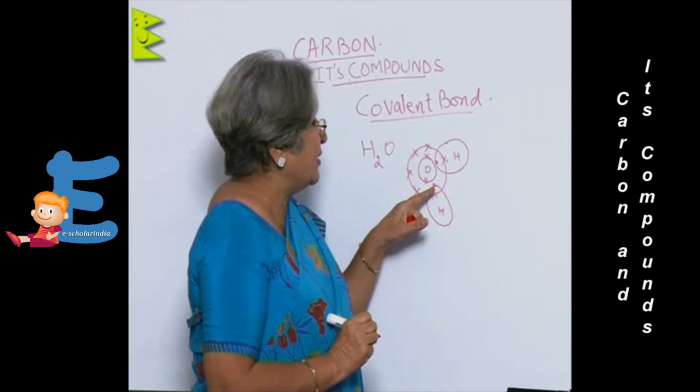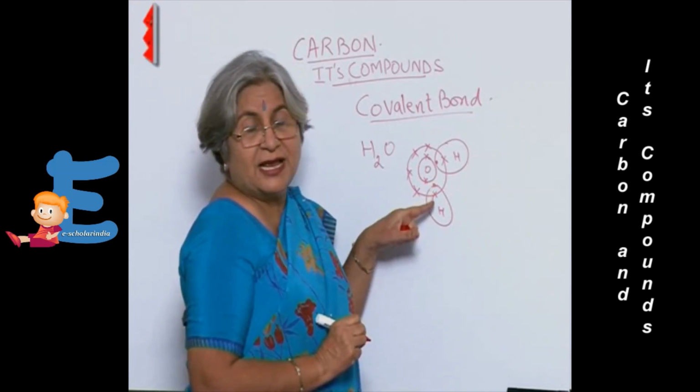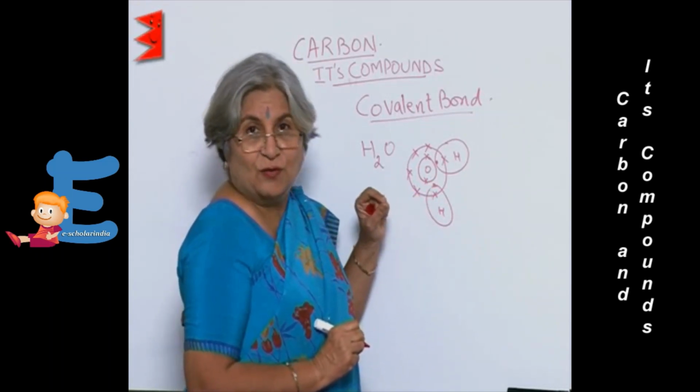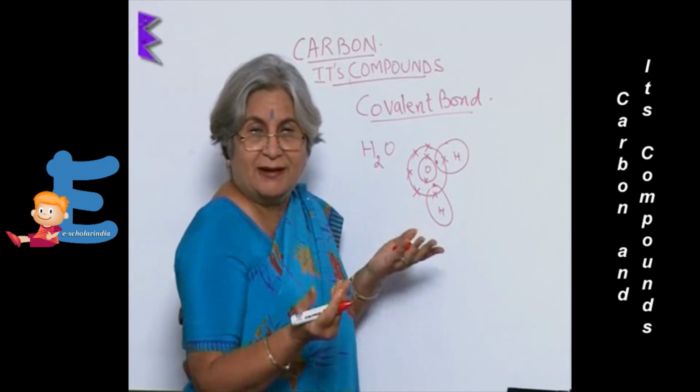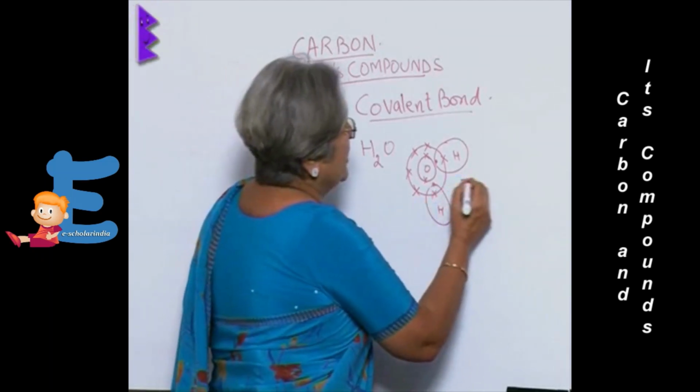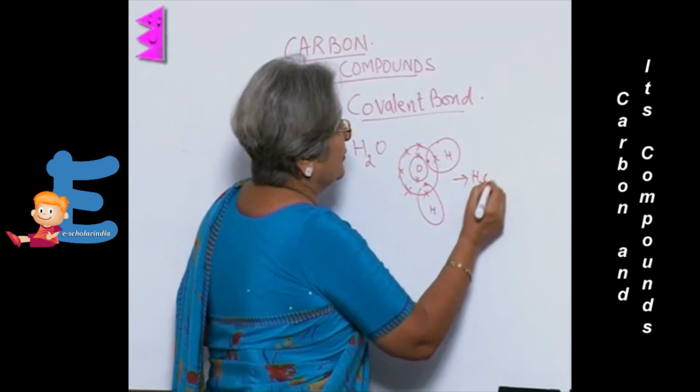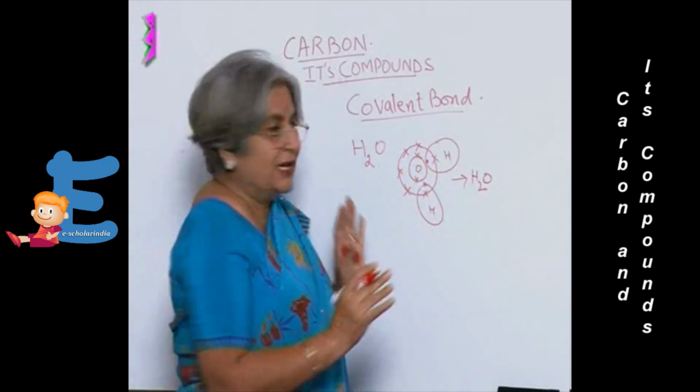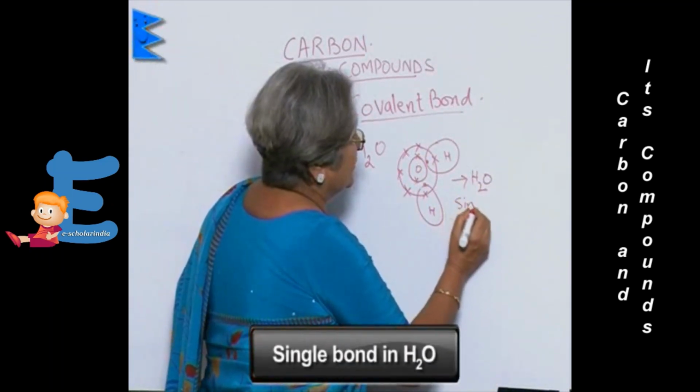Now this time, instead of cross I have used dot. Why? Because hydrogen is another element. So what we get is H2O. So everybody is satisfied? That means there is a single bond.